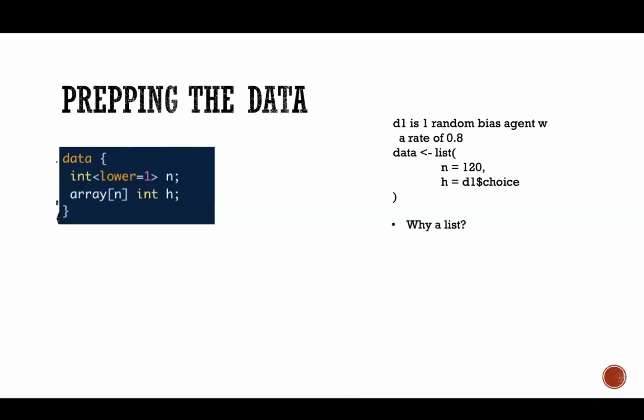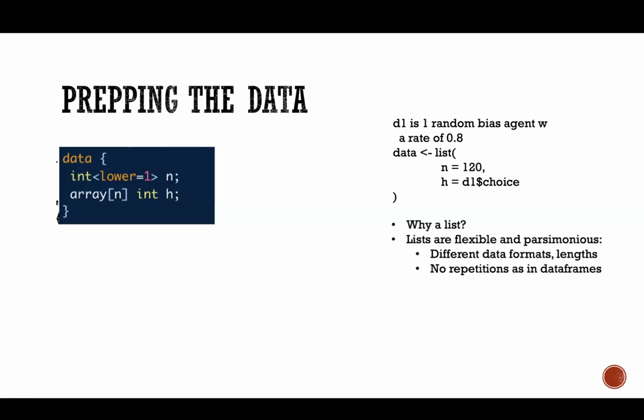Why? Well, lists are more flexible and more parsimonious than data frames. Data frames are really ergonomic, right? They're really neat because they say for this data point, we have all the data, all the metadata in one row. But that means that you're going to repeat the same information many, many times, right?